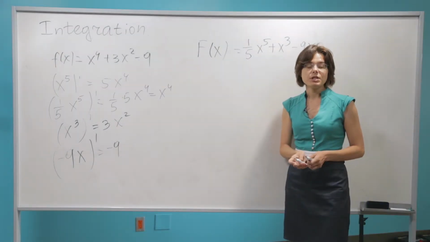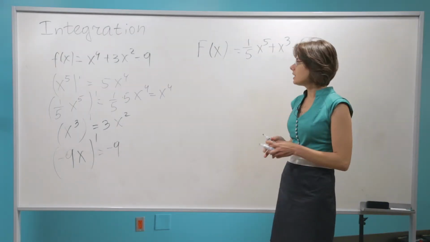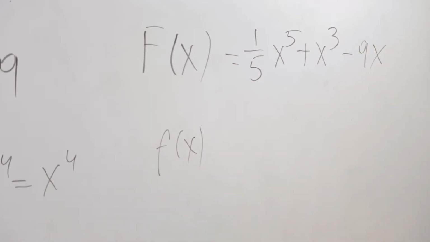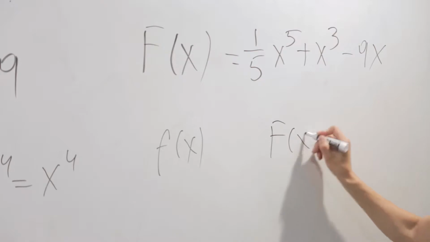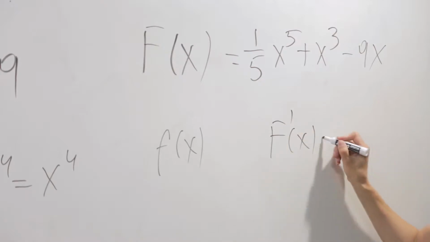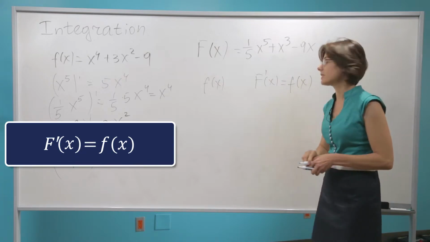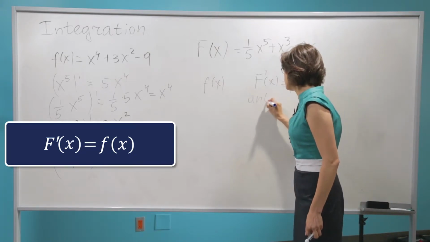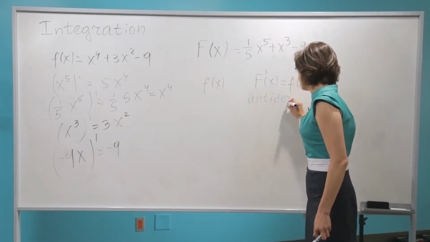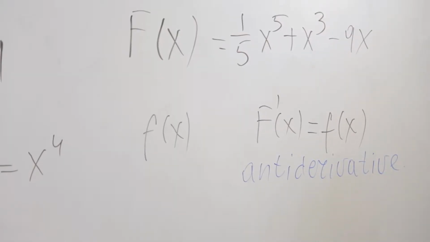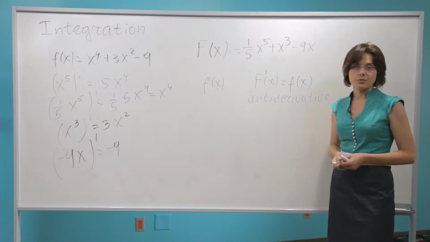So basically, the definition of antiderivative is the following. Given a function f of x, any function capital F of x, such that the derivative of this function is small f of x, is called an antiderivative. We have a special notation for this.